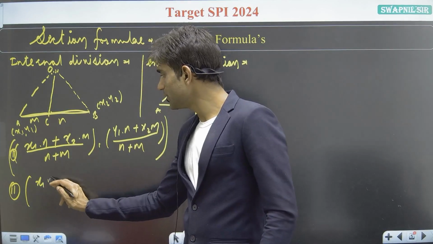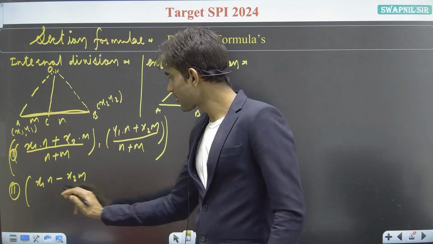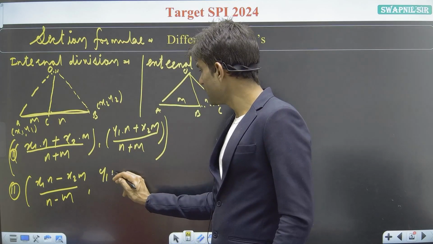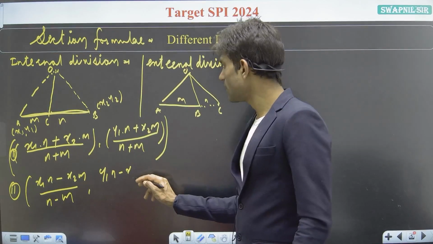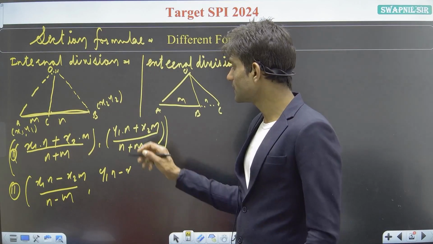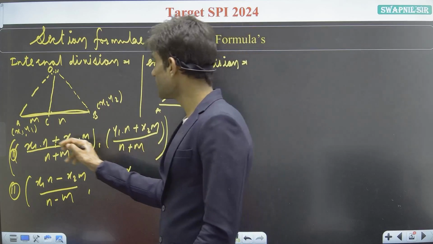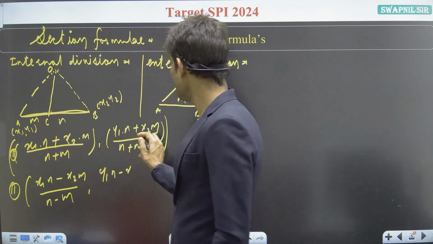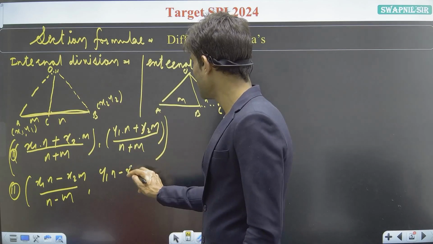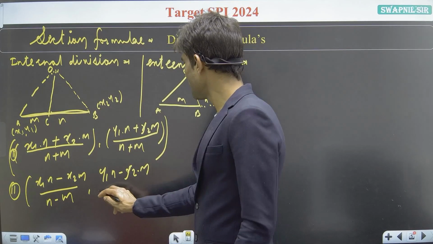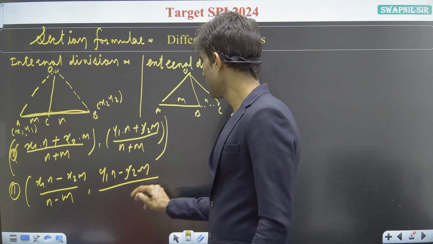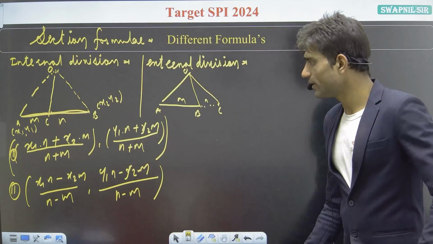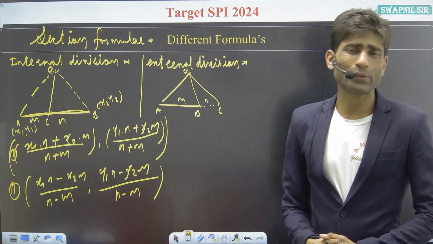Okay, x1 into N minus x2 into M divided by N minus M, comma, next y1 into N minus y2 into M divided by N minus M here. For internal, it is x1 into N plus x2 into M, y1 into N plus y2 into M. Now see that this one is the section formula for internal division, this one is the section formula for external division.